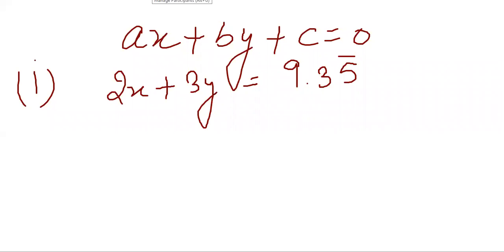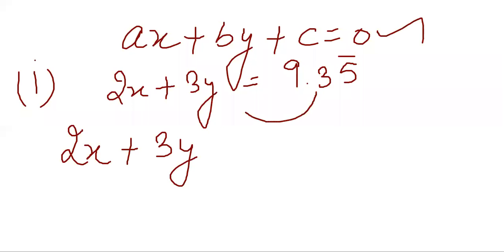So yes, Satvik, it's right. So you are to write down this in this form. So what we will do here, 2x plus 3y, will take this in left hand side, it will be minus 9.35 bar is equal to 0. We'll take here in the left hand side and right hand side will be left 0.